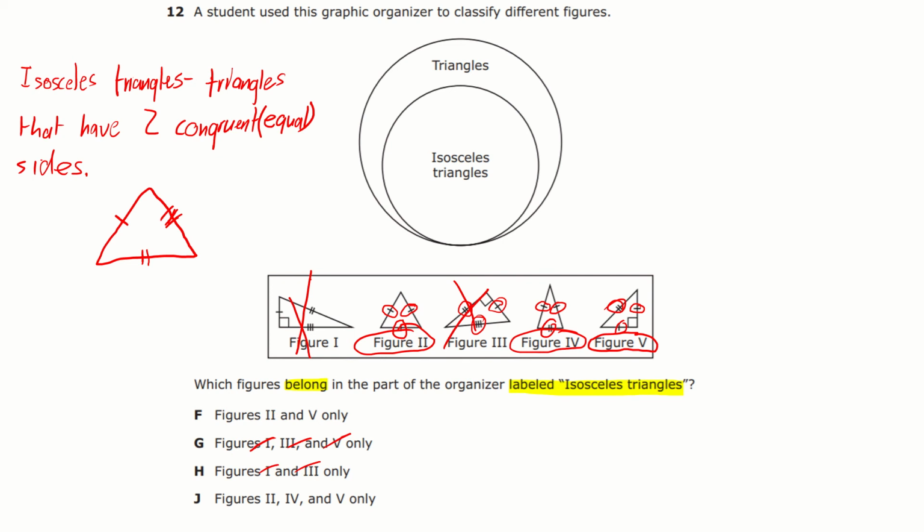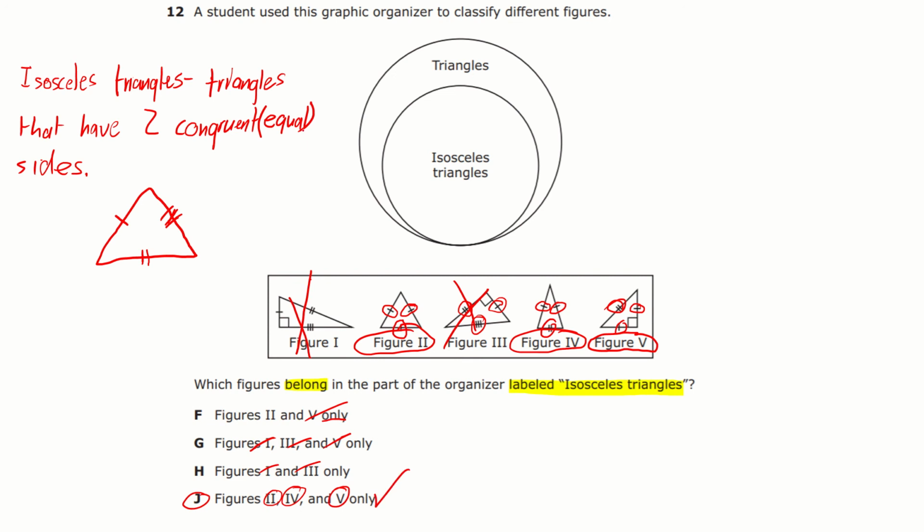And figure 2 and figure 5 are both isosceles triangles, but it has this word only, saying that figure 2 and figure 5 are the only isosceles triangles, which is incorrect. We've also got figure 4. So we can cross F out, and that will leave us with J. Figure 2, figure 4, figure 5.